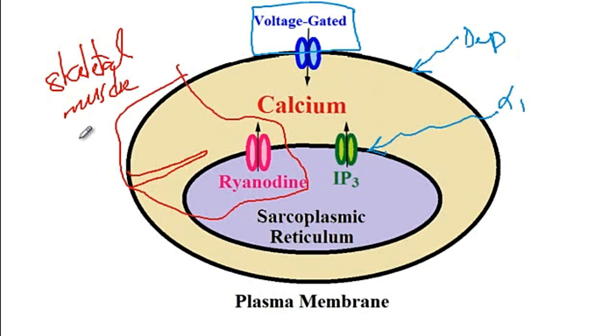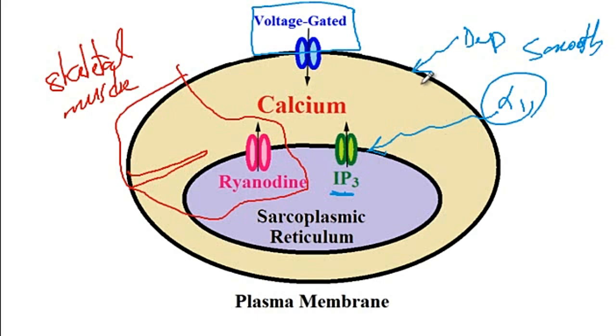So once again, skeletal muscles release calcium from sarcoplasmic reticulum via ryanodine receptors, while smooth muscles have two different mechanisms. One, via depolarization, causes influx of the calcium from the extracellular space, while via the activation of the alpha-1 sympathetic receptors, it will act on the IP3 secondary messengers that causes release of the calcium from the sarcoplasmic reticulum.